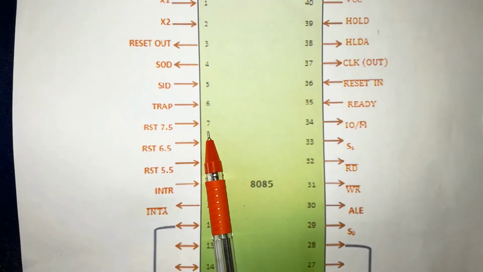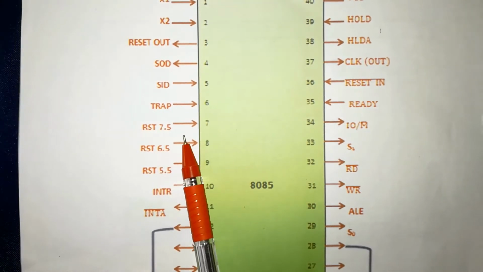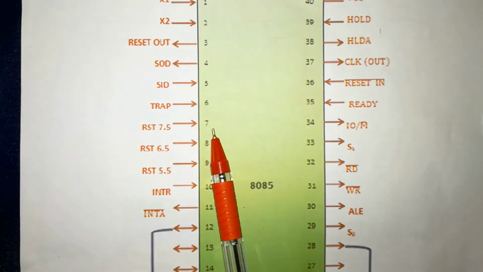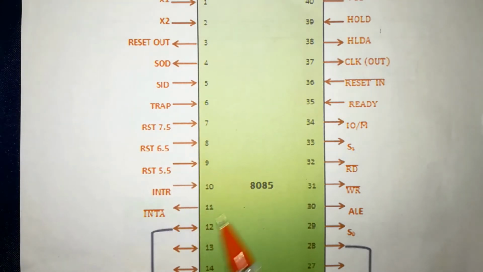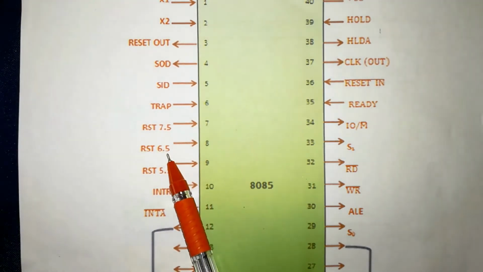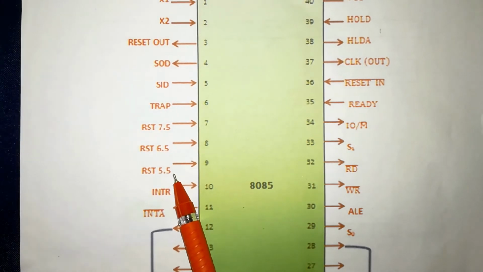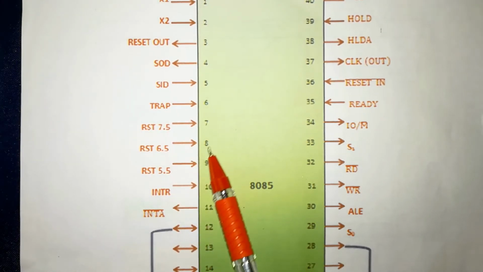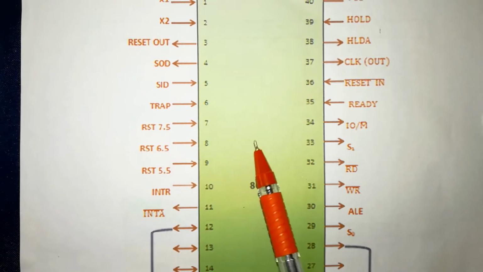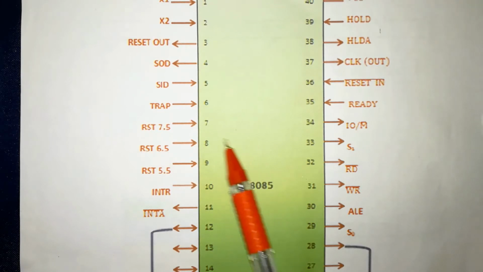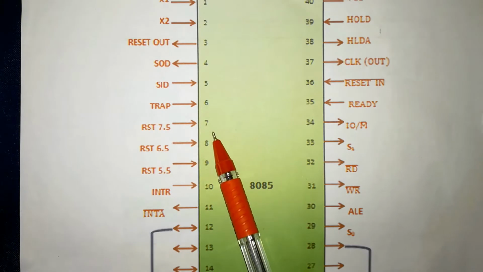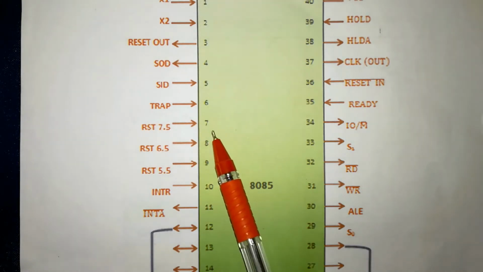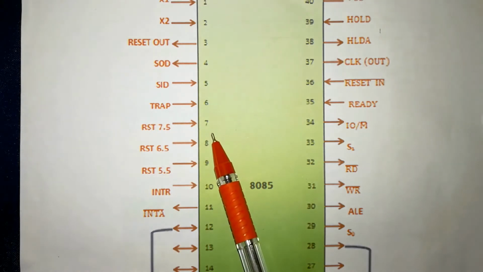Next is RST 7.5, that is pin number 7. It is a hardware interrupt. RST 7.5, RST 6.5, RST 5.5, these are hardware interrupts, and these are used to interrupt the microprocessor. As it is a vector interrupt, that means it is transferred to a specified fixed memory location.